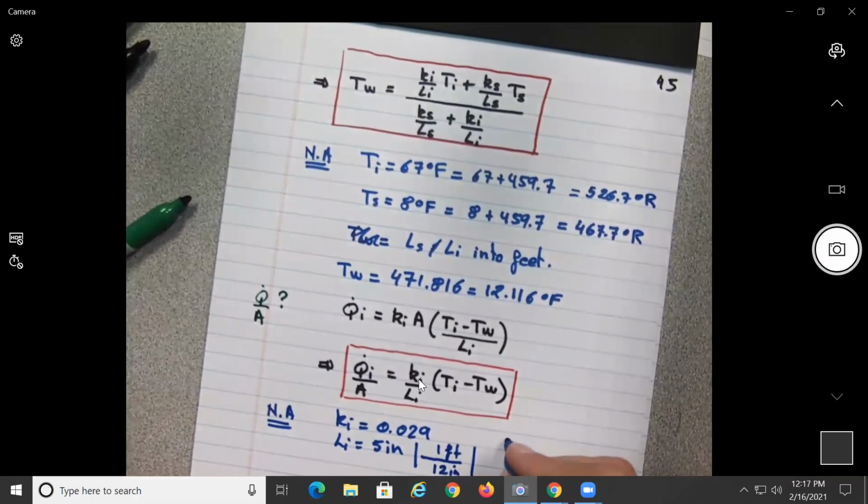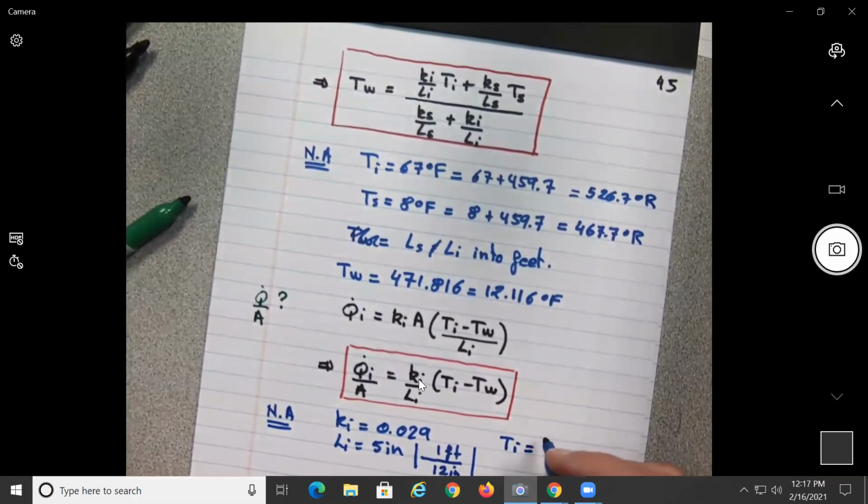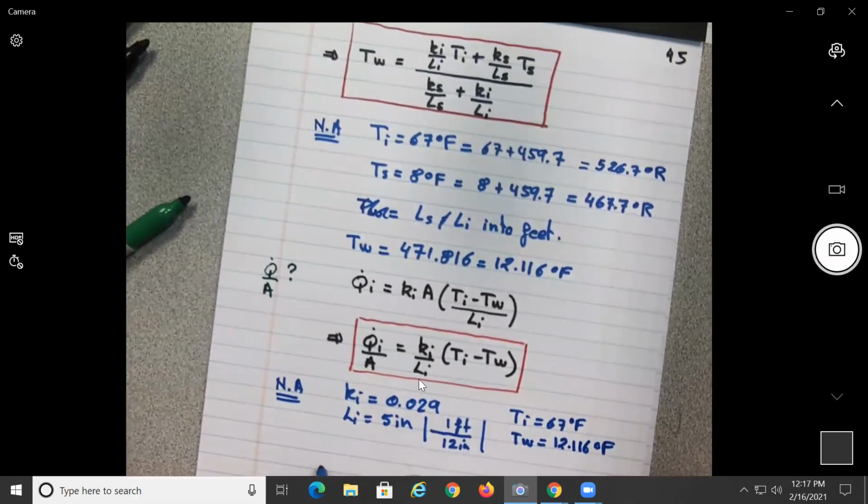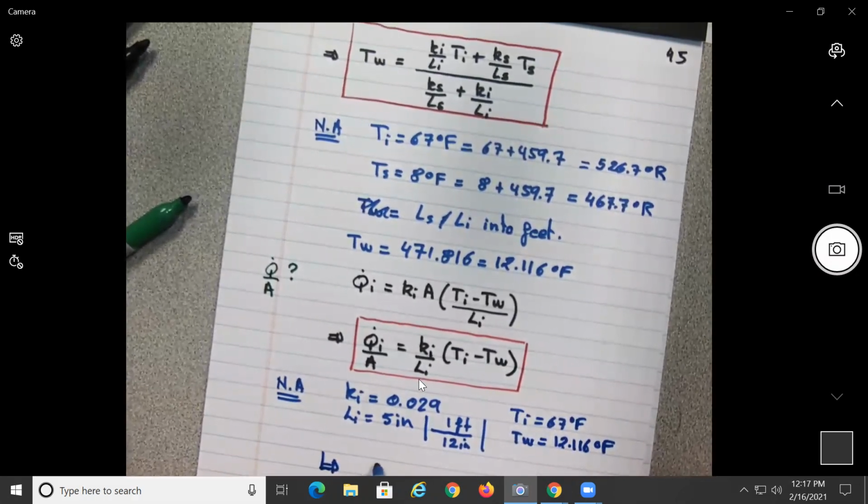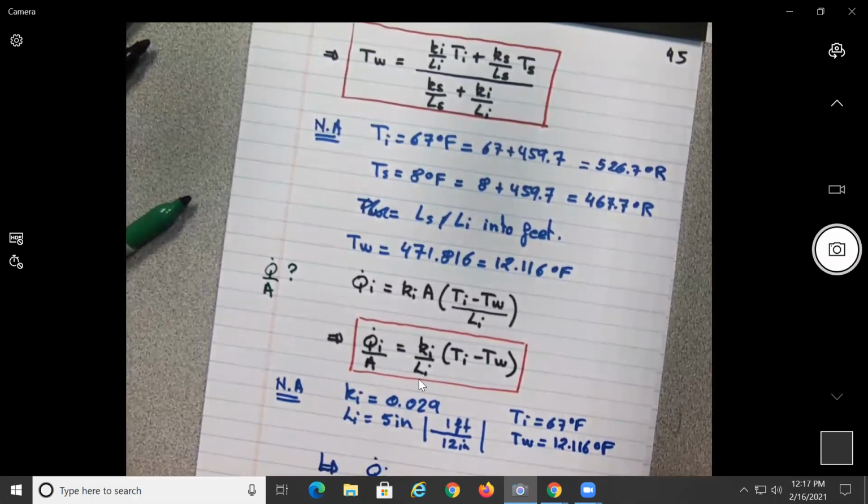And then for T inside, you don't need to change the units, because the difference will be the same. And T wall, you just told me, is 12.116. So if you replace all this, it should give you the answer in BTUs per hour foot square.